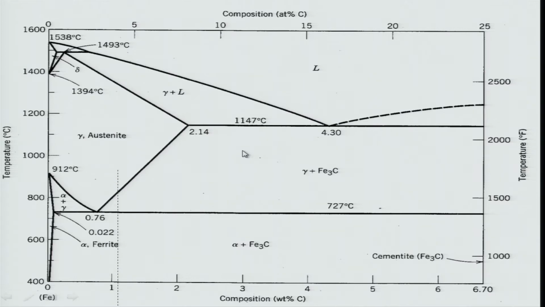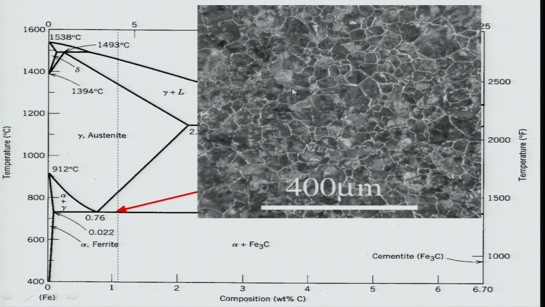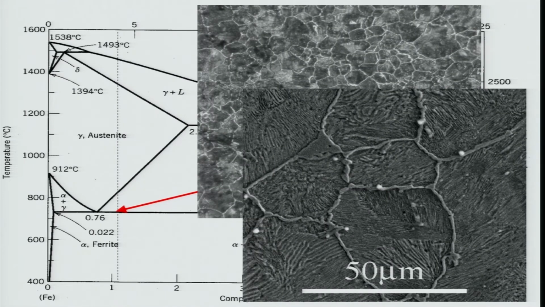Similarly, if I take a hypereutectoid composition given by this broken line, which is greater than the eutectoid composition of around 0.8, and look at the microstructure in an optical microscope or in a scanning electron microscope for better resolution, one can see a network of precipitated phase.